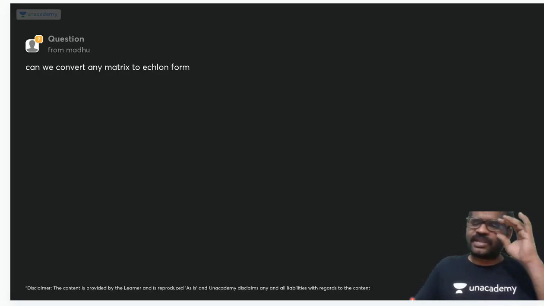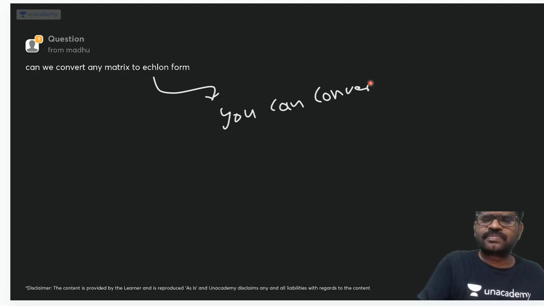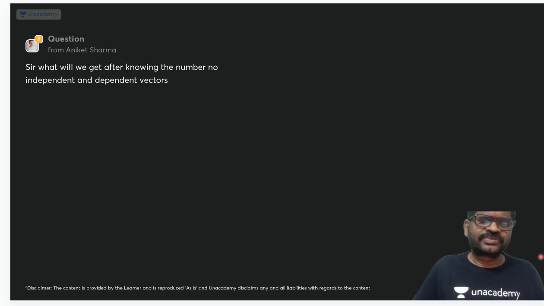Can we convert any matrix into echelon form? Yes, you can convert. Sir, what will we get after knowing the number of independent rows and vectors? Mr. Ankit Sharma, if you know the number of independent vectors, you can understand what the independent variables are.